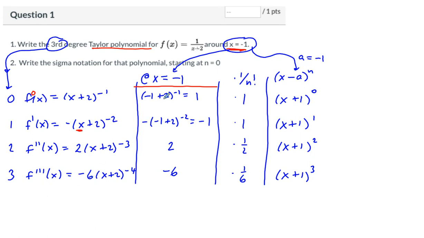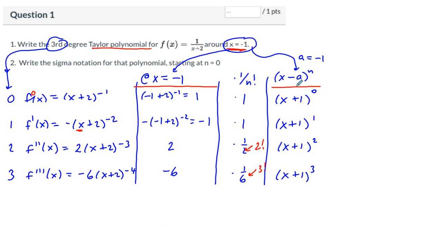As we continue here, we're always going to multiply by the 1 over n factorial. That's part of the form of the Taylor and the Maclaurin series. And you do these a while, and it's always 1, and 1, and 1/2, and 1/6. This is 2 factorial. This is 3 factorial, and so on. And then we multiply by the polynomial term, and I found myself having to write this a number of times for some of your responses.